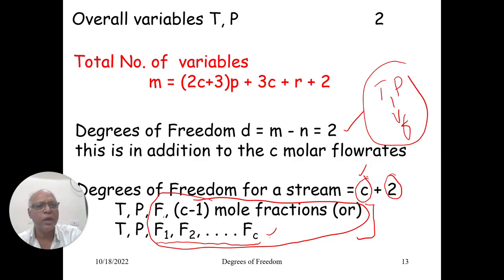So out of these three, most of the simulators will provide you to choose any possibility, any two out of these three. For example, if you want, you can use temperature and pressure, you can use temperature and vapor fraction or pressure and vapor fraction. That completes the definition of any given stream. Of course, that depends on the number of components involved in a particular stream. So this is one important result.